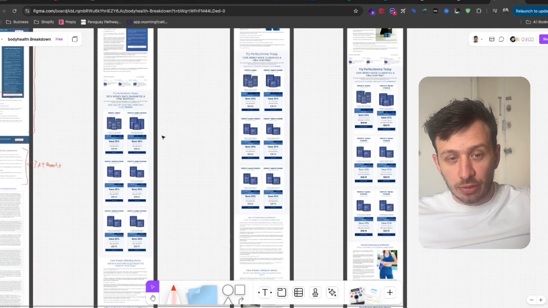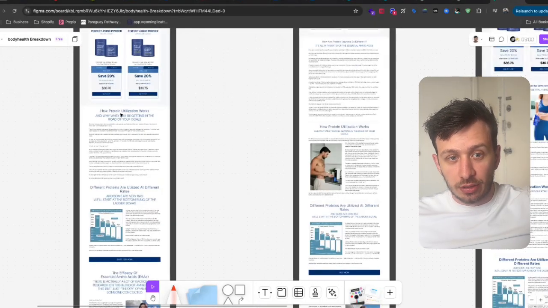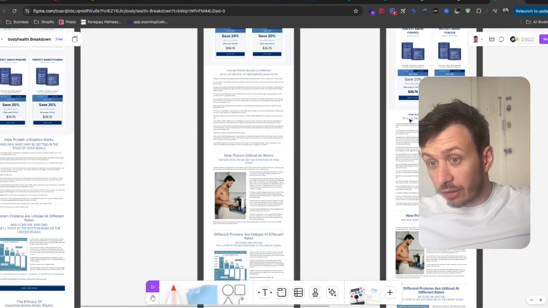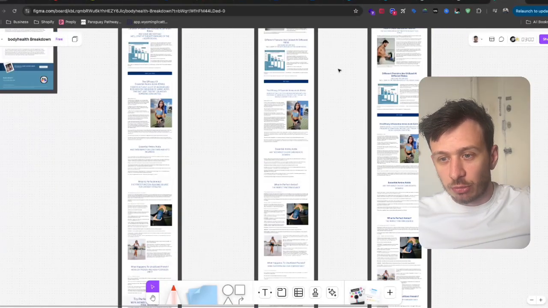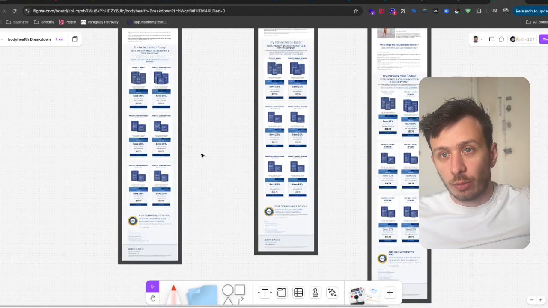And then we go into selling the product, which is the same section. Here, how the protein utilization works, how the protein source is different, how it works. So it's very similar sections. As we scroll down, it's just going to be the same thing essentially, with the last call to action, which is selecting the right product.